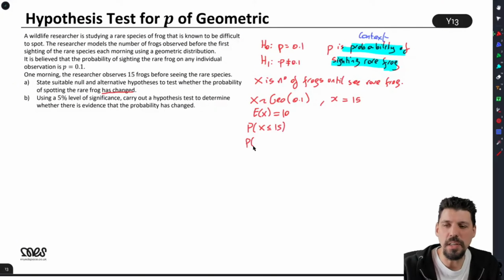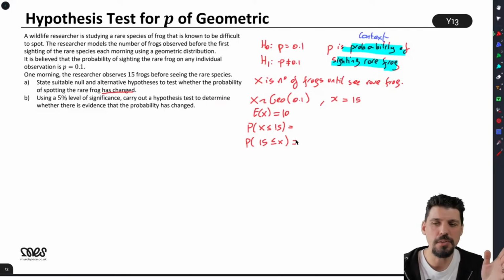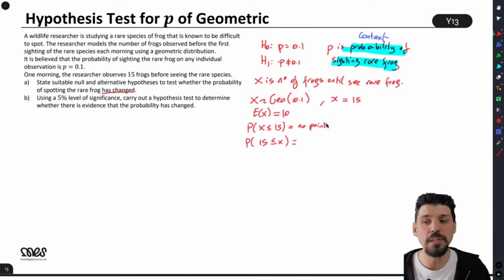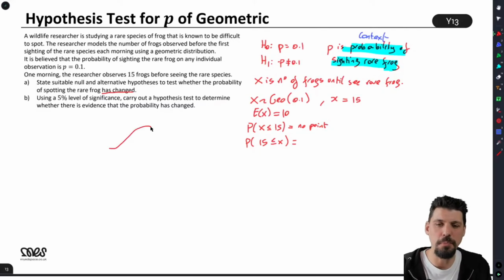So is there any point in checking the probability that X is less than or equal to 15? Is 15 going to be abnormally small? Is there any chance of 15 being abnormally small? No, there's no point checking that. Whereas technically we do need to, but there's no point. I often just represent probabilities with a normal curve, because most of them look roughly like that.